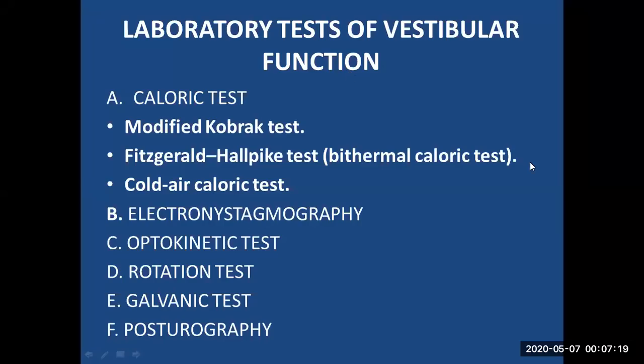The laboratory tests for vestibular functions are caloric test, electronystagmography, optokinetic test, rotation test, galvanic test, and posturography. Under caloric test, there is the modified Kobrak's test, Fitzgerald-Hallpike test, or the bithermal caloric test, or the cold air caloric test.